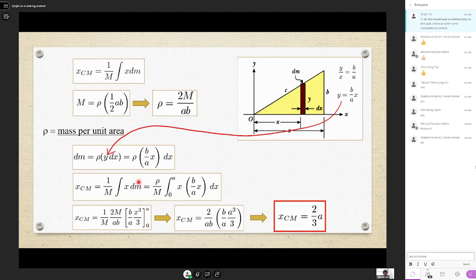That's why this dm disappears and becomes something dx, because you substitute this inside. And then this rho, you substitute this inside. Basically after that, you just do integration, from 0 to a, because now we are talking about the x direction. So you solve, you will get xcm equals 2/3 a.